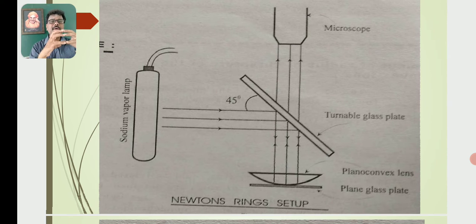When we view the interference pattern through the microscope, we can observe alternating dark and bright rings, the so-called Newton's rings. That means the Newton's rings can be obtained with the help of this experimental setup, the Newton's ring setup.